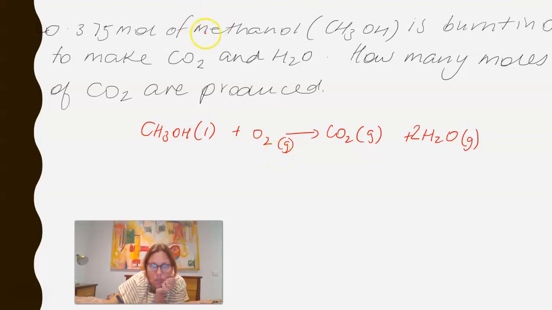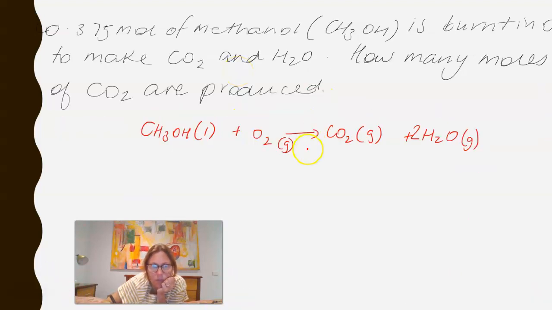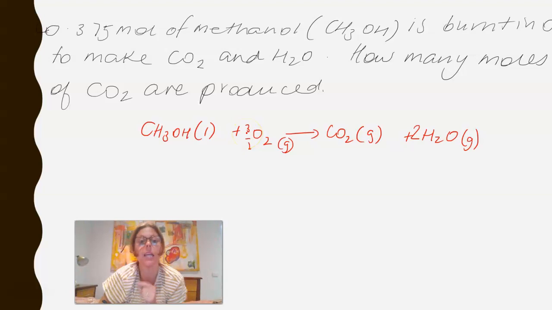So one way we can do that is by doing our 3 over 2, which then gives you 1 mole of this methanol using up 3 over 2 or 1.5 moles of oxygen, producing 1 mole of carbon dioxide and 2 moles of water.